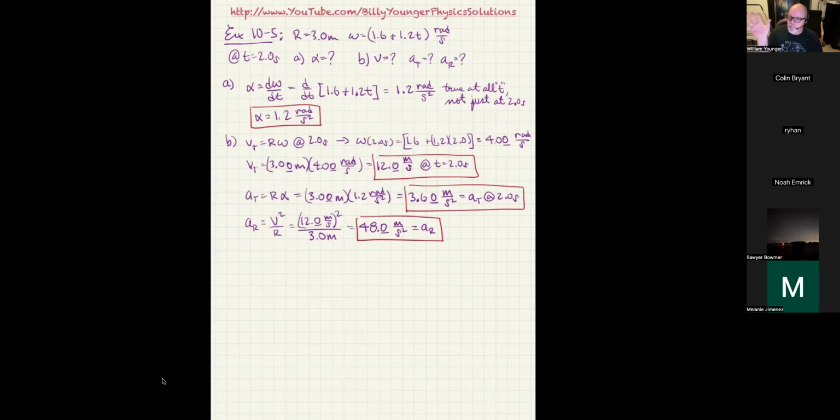The main thing is when a disk is rotating this way, you imagine your right hand here, and you imagine your fingers curling around in the same direction that the disk is rotating. So if the disk is rotating this way, which from above looks like counterclockwise, then I want my fingers to curl around counterclockwise, and I'm using my right hand, and that forces my thumb to point up.